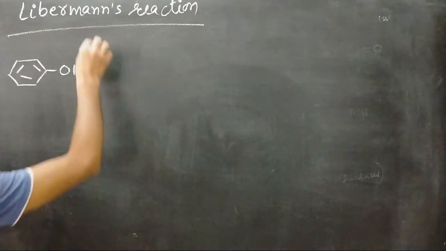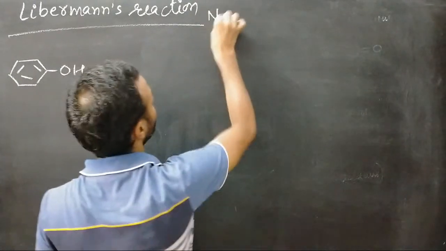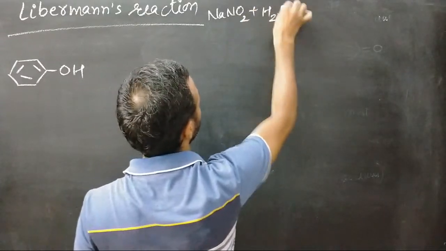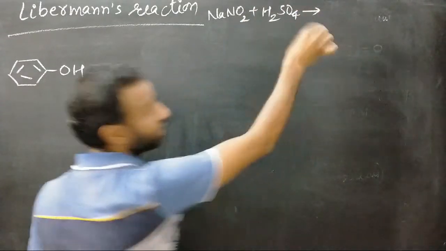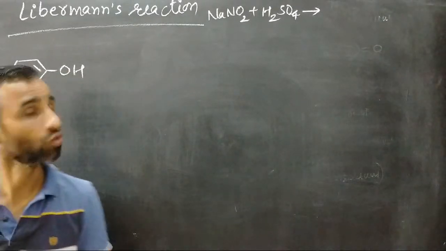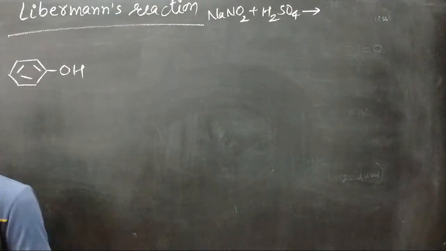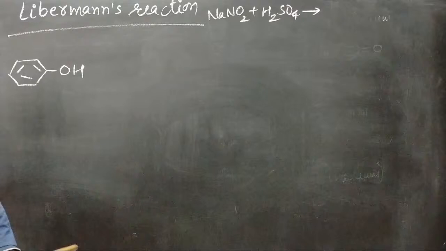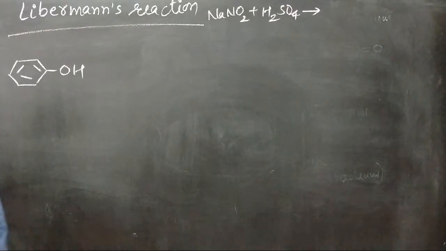So you know, when we have sodium nitrite in the presence of H2SO4, tell me what is the product formed? Sodium nitrite along with H2SO4. Yes. What is the product formed?